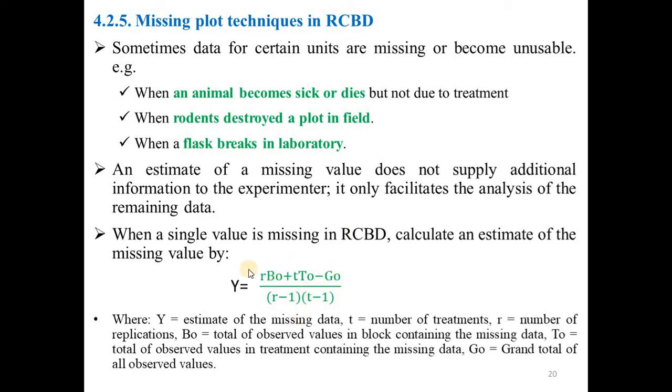The formula is: r times B0, where r is the number of replications and B0 is the observed total of the block containing the missing data, plus t times T0, the treatment total with the missing observation, minus G0, the grand total with missing observations, divided by the error degree of freedom for RCBD. This is the formula of error degree of freedom in RCBD design.